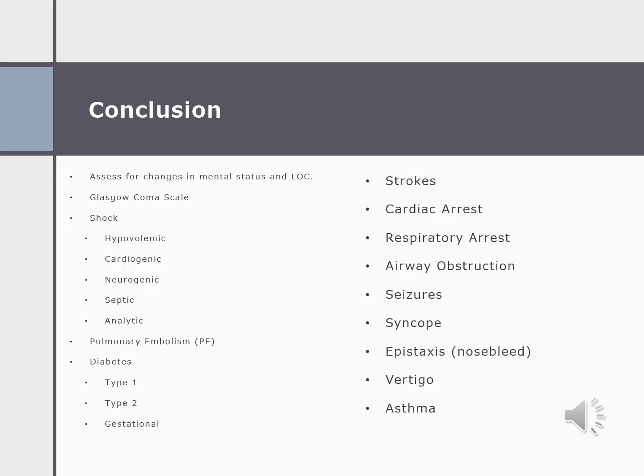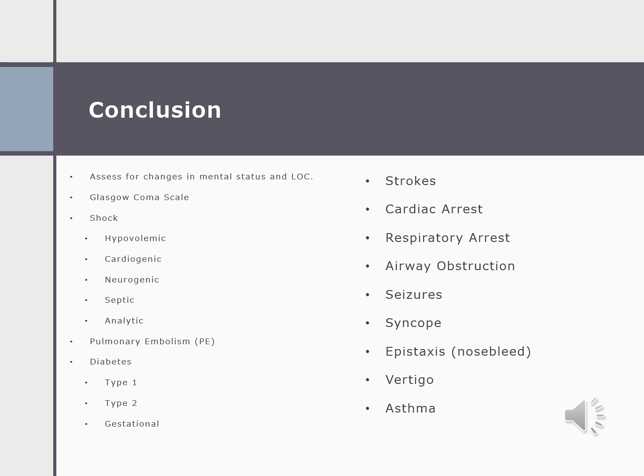In conclusion, as radiographers, we should be able to assess patients for medical emergencies as well as changes in mental status and loss of consciousness, and be on the lookout for any signs and symptoms that patients may exhibit and alert the necessary medical staff to aid in patient care.